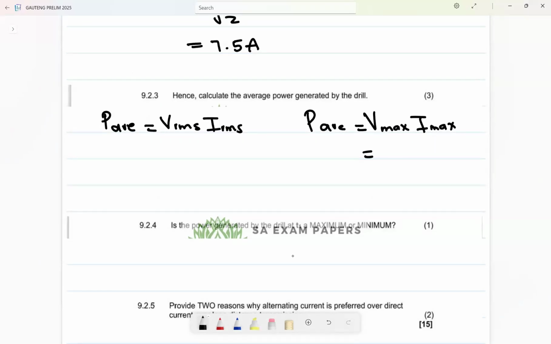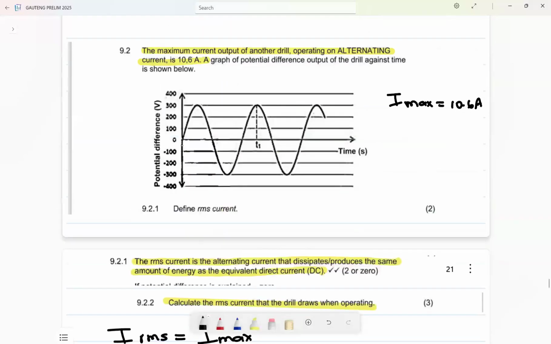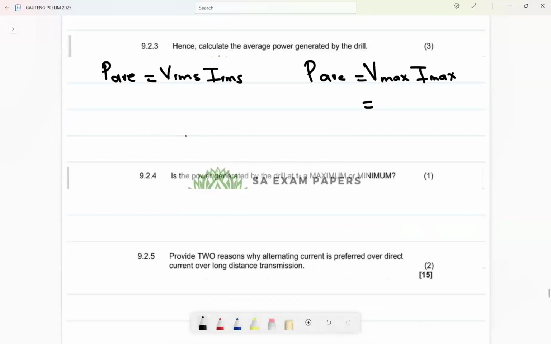Since we do not have V RMS, we use V max. V max here is 300. I max is 10.6. So we get 300 multiplied by 10.6, which is 3180. This is power in watts.